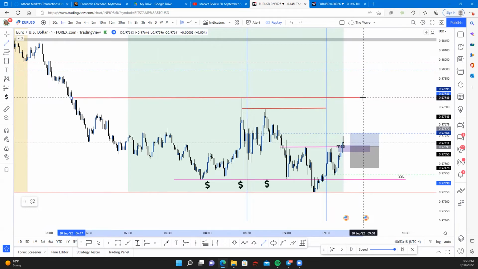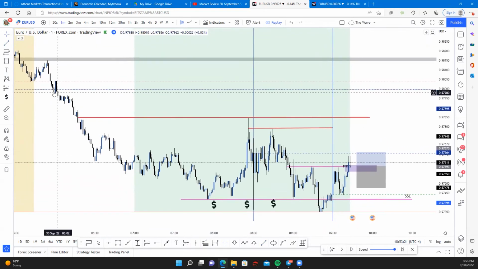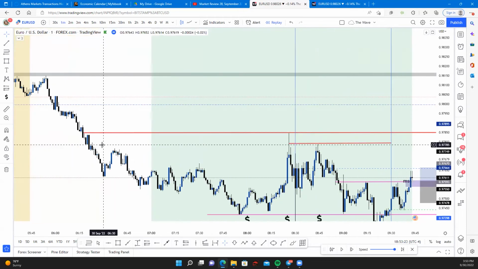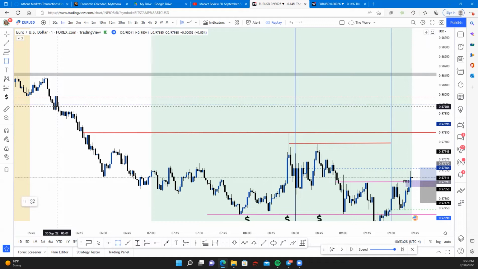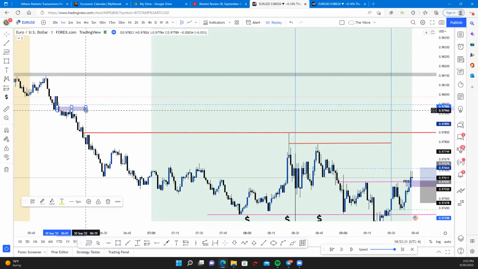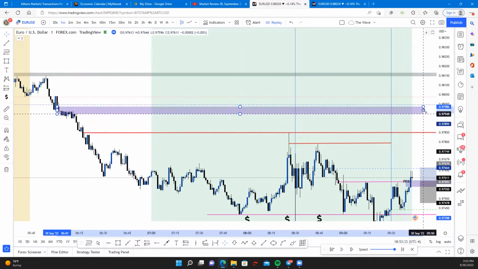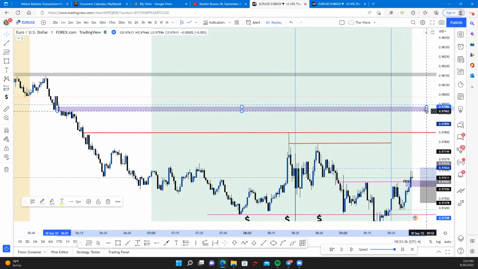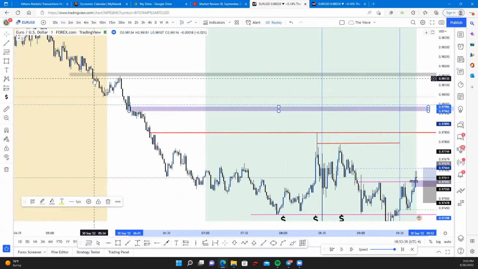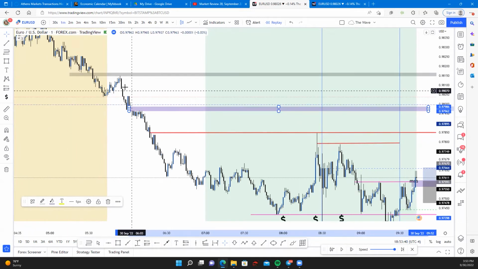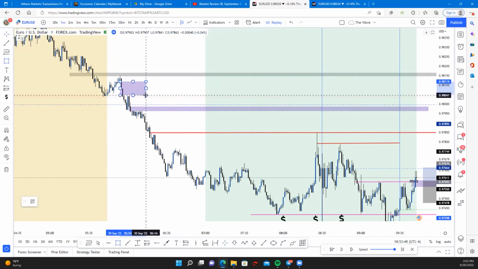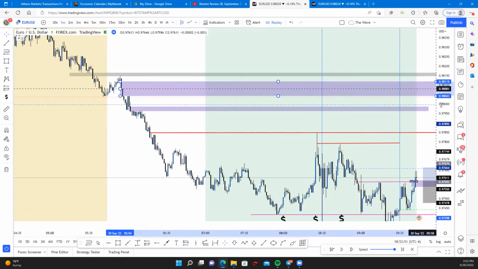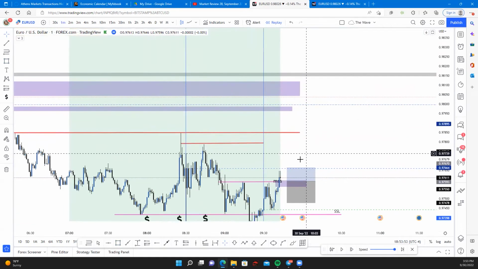So that's another possible take profit area. You can also look for previous market gaps like this here, and also like this here, which I had marked up already, or even anywhere in this area, as areas where you can target.